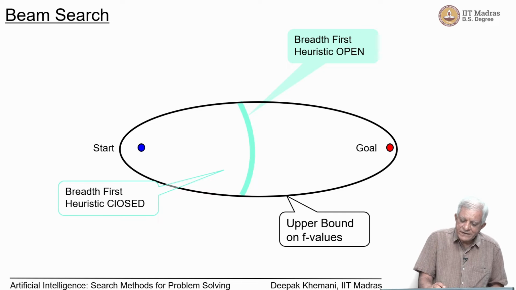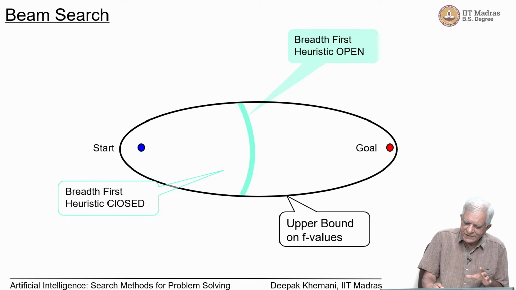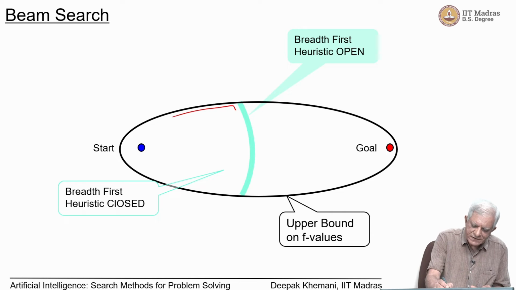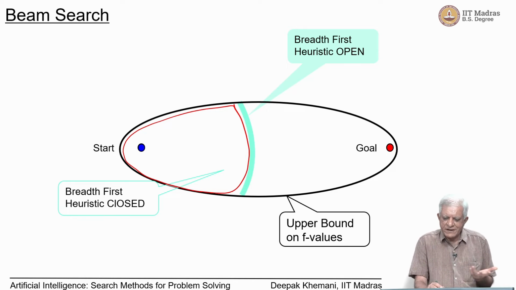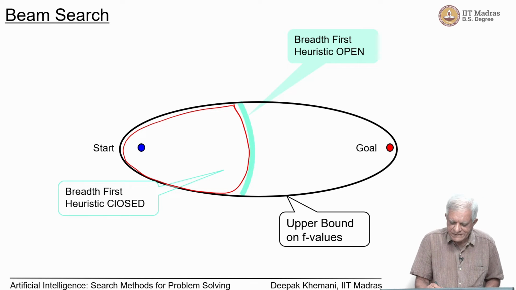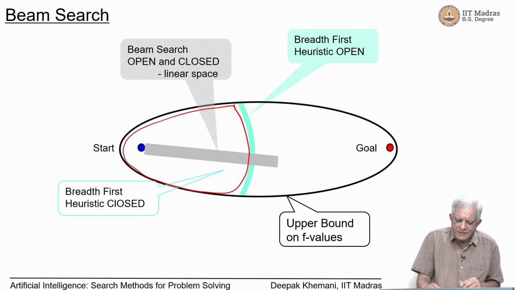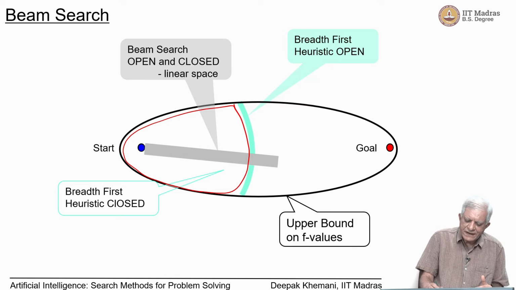So, this diagram shows in this green curve the open list for breadth first heuristic search, and inside that, in this region here, is the closed list that breadth first heuristic search would have maintained essentially. Beam search by definition has a constant beam width.